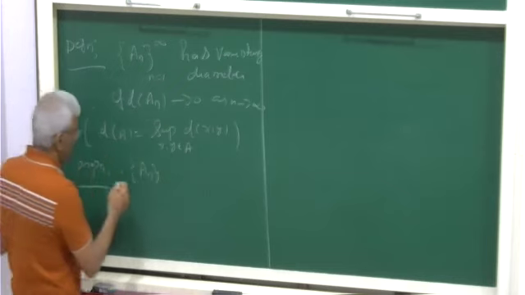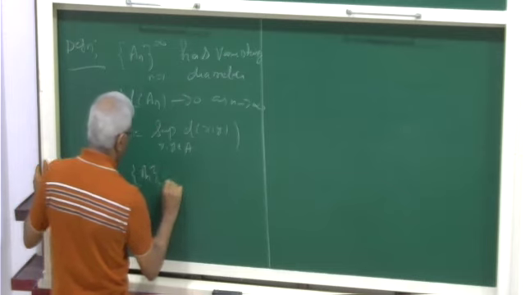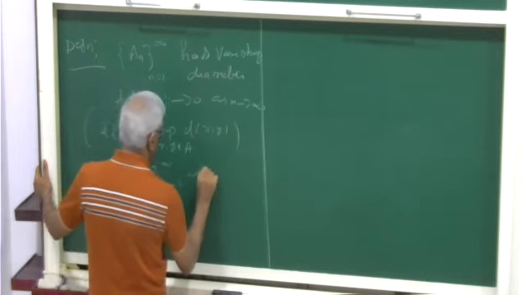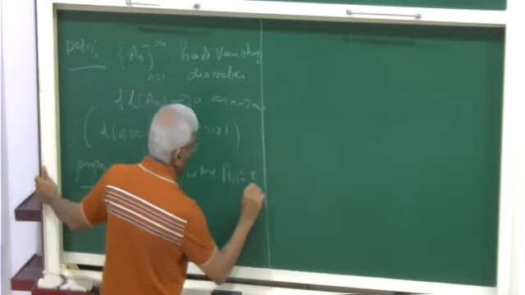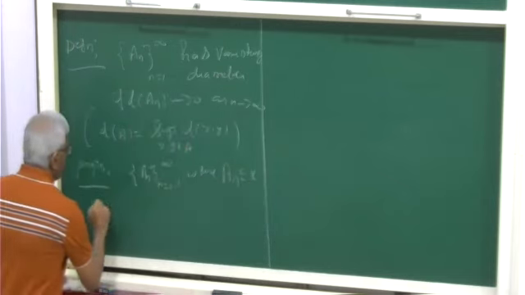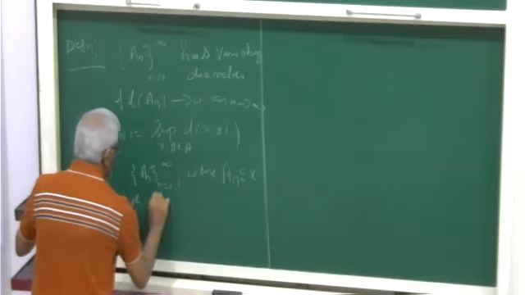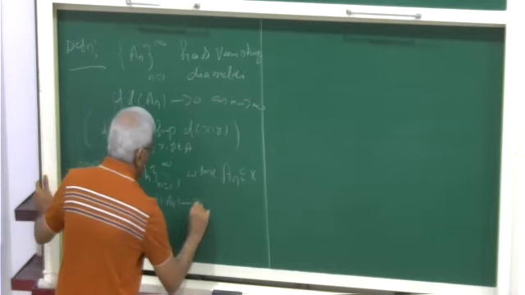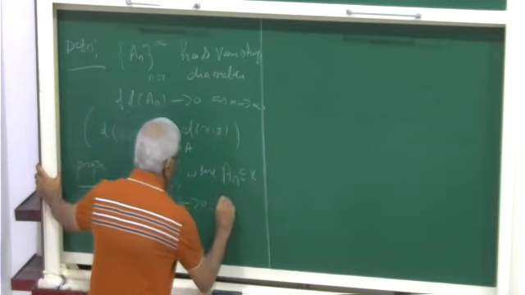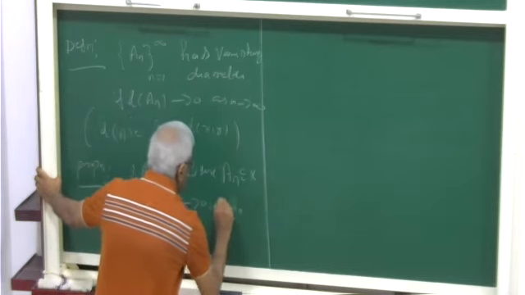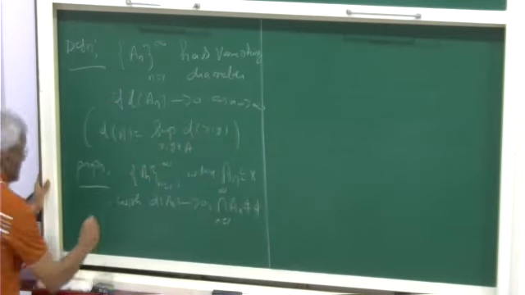Take A_n, n equal to 1 to infinity, where A_n is contained in X, some metric space, with d of A_n going to 0 and the intersection of A_n not equal to empty.